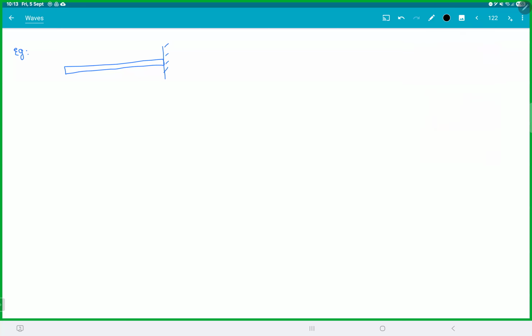You take a hammer and you hit it perpendicular to it. Then you'll notice the rod actually gets a bump like this. So you can clearly see particles are going up and down. The bump is going up and down, but the wave is traveling forward. This is your transverse wave.